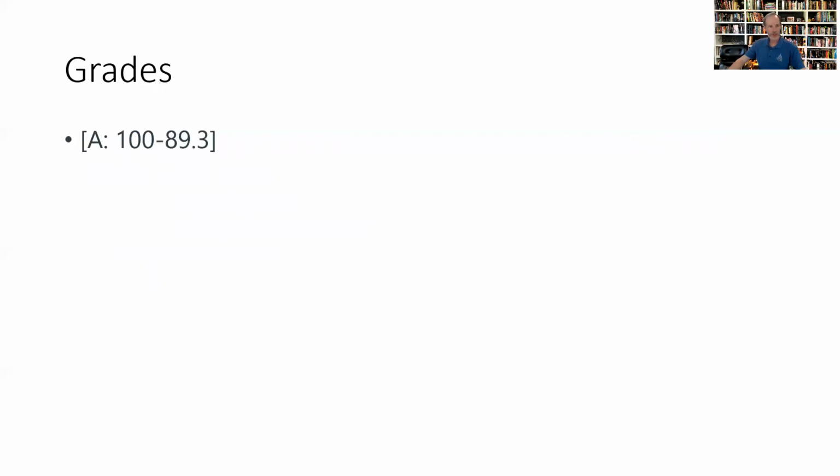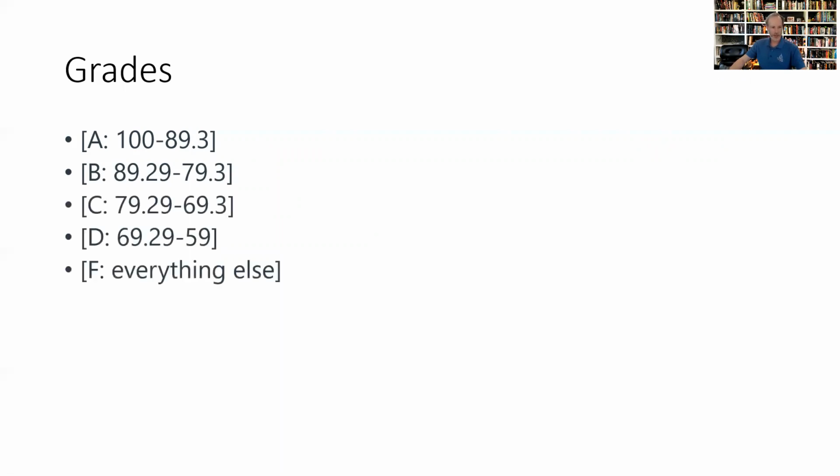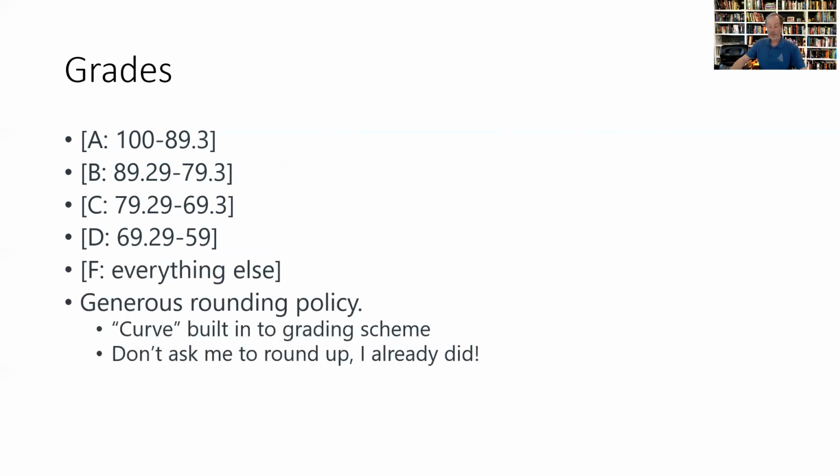Grades, okay. You get an A if you get between an 89.3 and 100. B, 79.3 to 89.29. C, D, F. You can read the numbers here. Okay, so this is a generous rounding policy, right? Some faculty do not round at all. They say you have to get a 90 to get an A. That's a little strict.